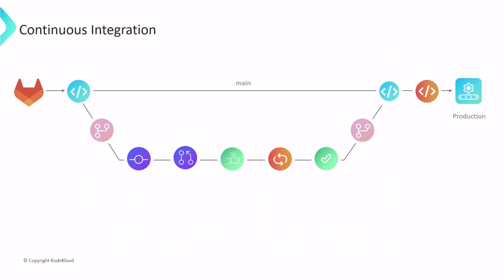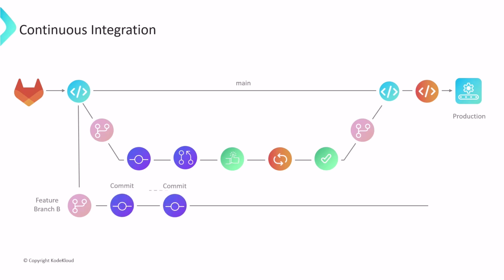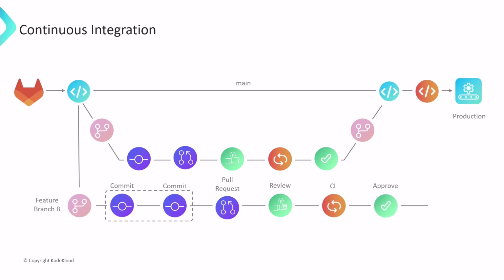So while these developments are taking place in feature branch A, developer 2 is progressing on a feature branch B. They commit the changes and create a pull request, and whenever the pull request is created, an automated CI pipeline is initiated, testing the code committed in this new feature branch B. Once the CI pipeline successfully completes, the pull request is approved and it can also be merged back to the main branch.